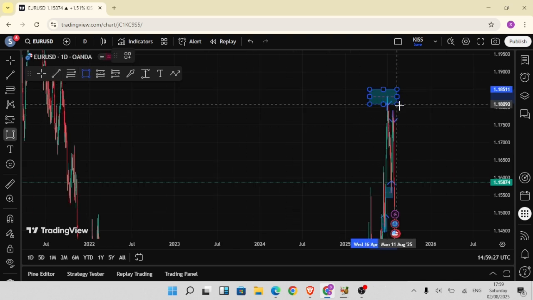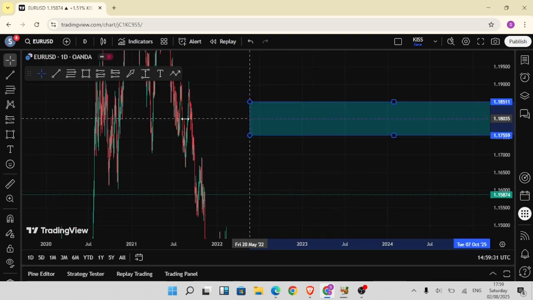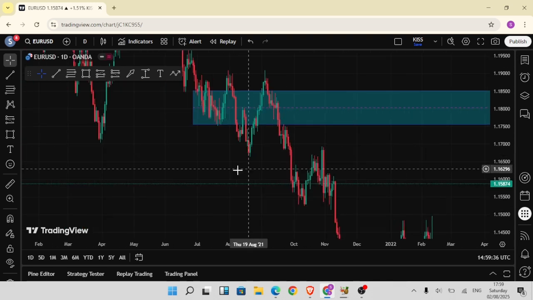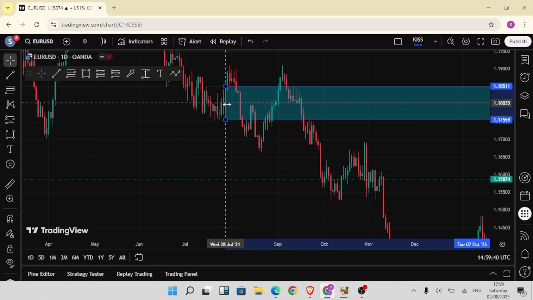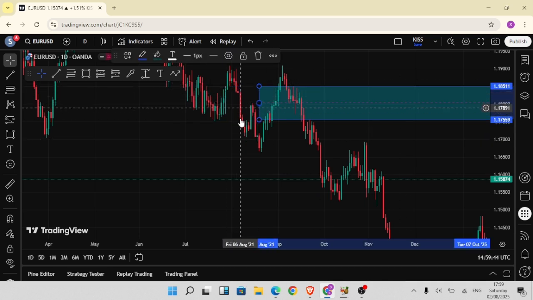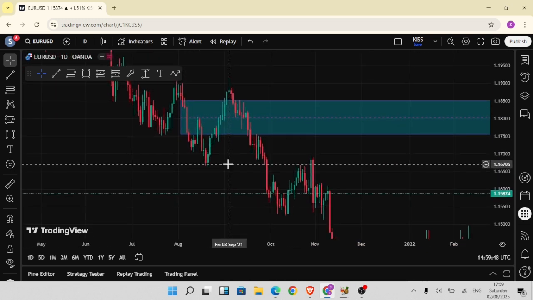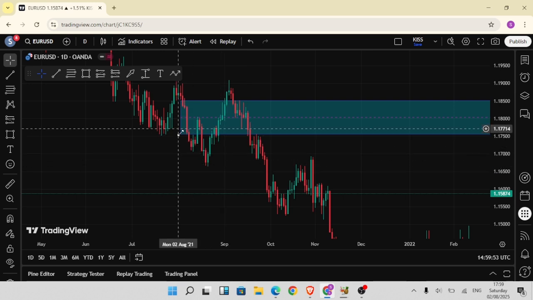Let me try and highlight the two of them and see where price was coming off of. So yes, we have a couple of areas. We have this inverted fair value gap right there. You can see this fair value gap right there. And then we also had this gap here, a gap here.